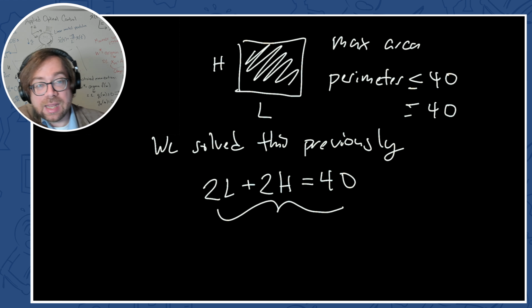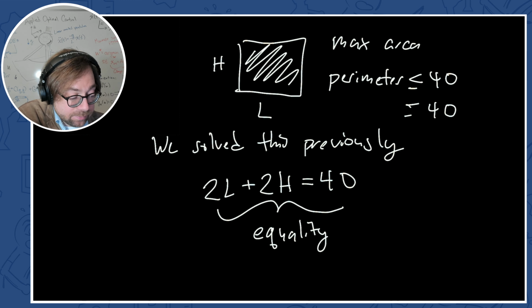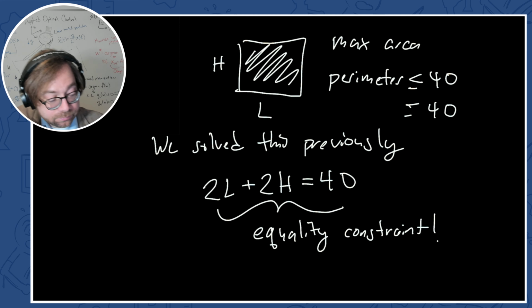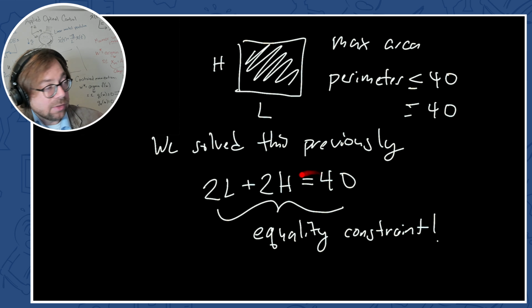So this was what we called an equality constraint, right? It's an equality constraint because it must be equal to 40, right?